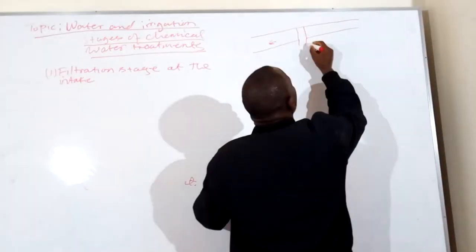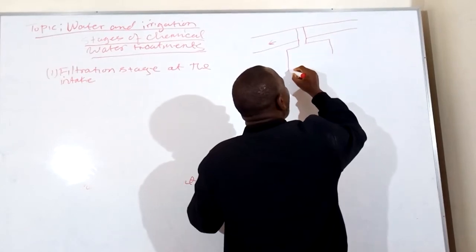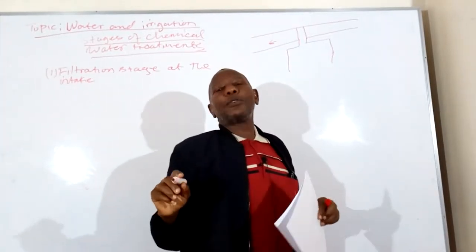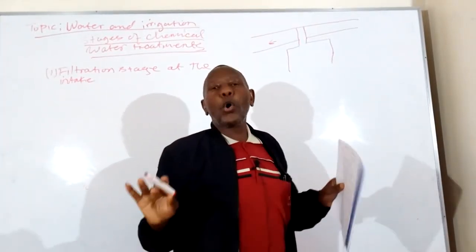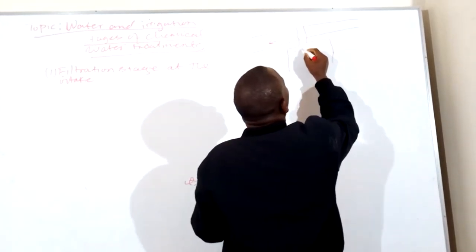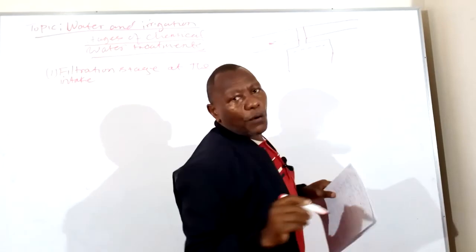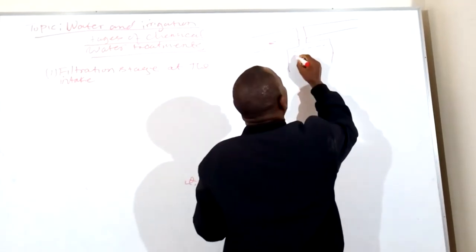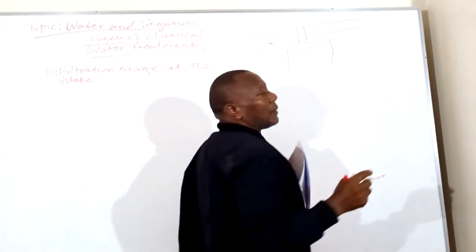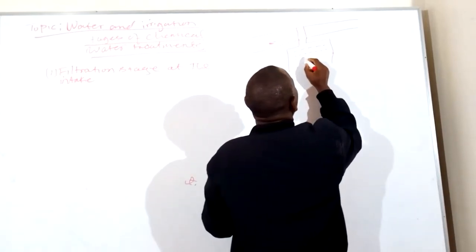There is usually a tank which is created here, and this tank has some sieves. It has screens, and these screens have different meshes or holes. We start with the screen with large holes, then we follow with a second screen with small holes, and then we usually put another screen with very tiny holes.